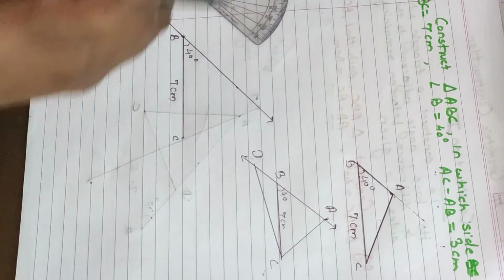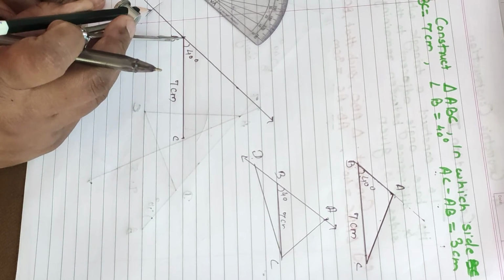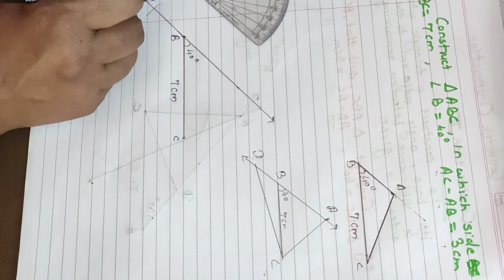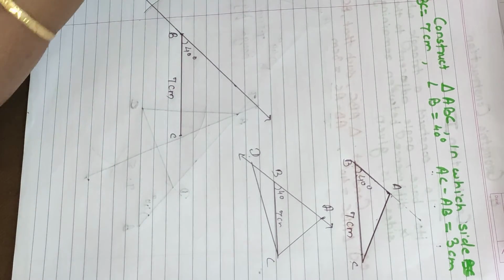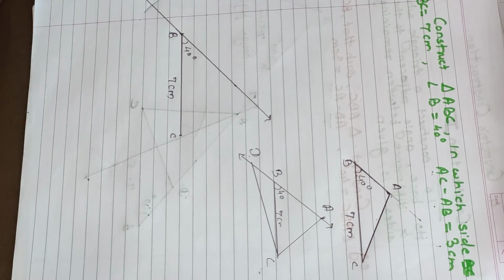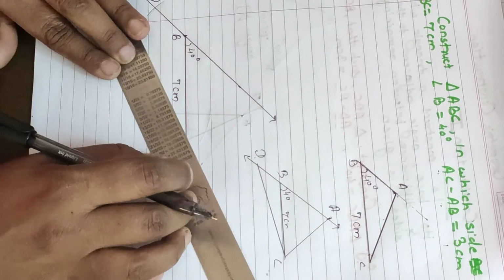Now we have to take this arc below the line, and this is my point D. Now we have to join D and C. This is DC.